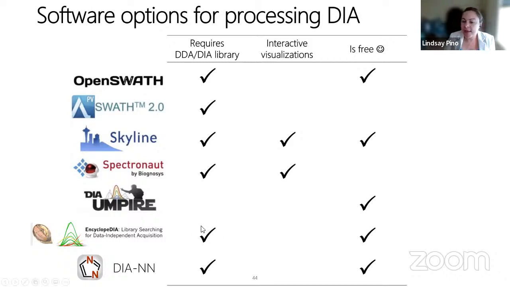It does require some kind of library and is free, but you don't really have a good way of interacting with your data. And DIA-NN, D-I-A-N-N, is another very popular one right now that's free, but doesn't really give you a good option to visualize your data yet. So you'd have to pull that data into something else to visualize it.